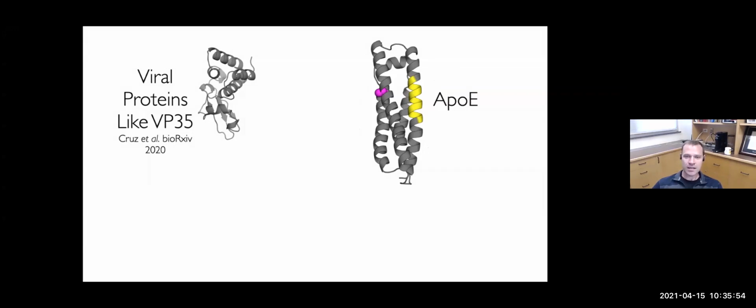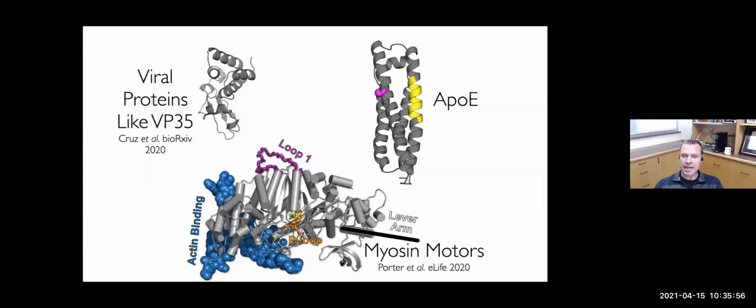And a third is a class of proteins called myosin motors. And these play a broad range of functions in biology. You'll be most familiar with muscle contraction. Because there's so much myosin in muscle, these were the very first proteins to be studied. And we still don't really understand how they work.